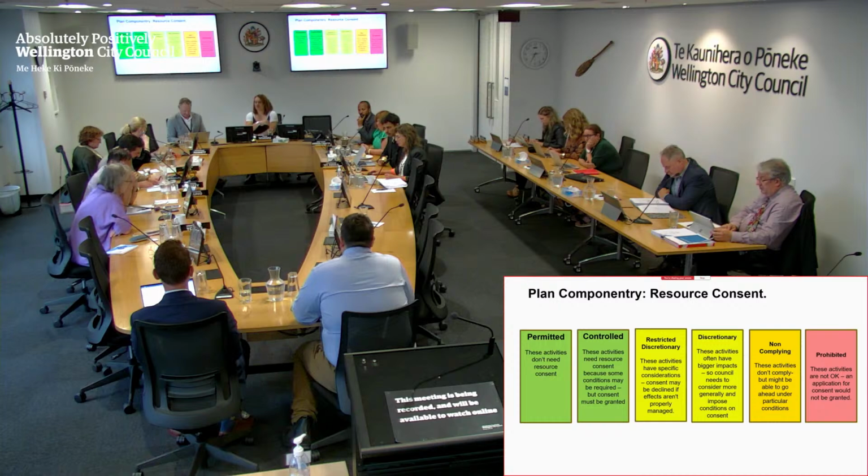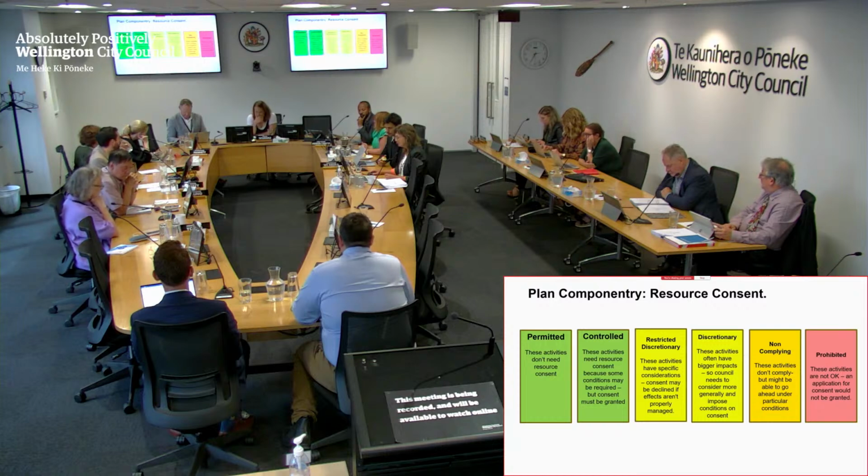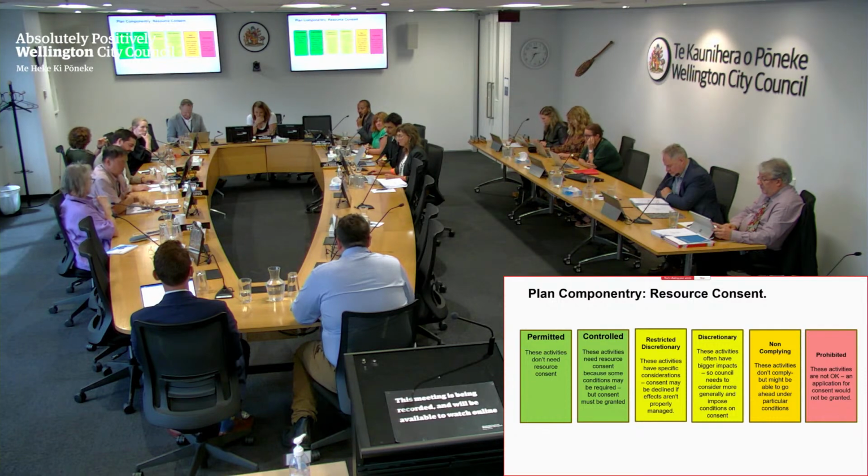These then flow down to make resource consents. You have permitted, controlled, restricted, discretionary, non-complying and prohibited. Essentially, the ones on the left must be granted, and the prohibited things on the right don't happen. In between is where these objectives, policies and rules begin to make more complex consents.